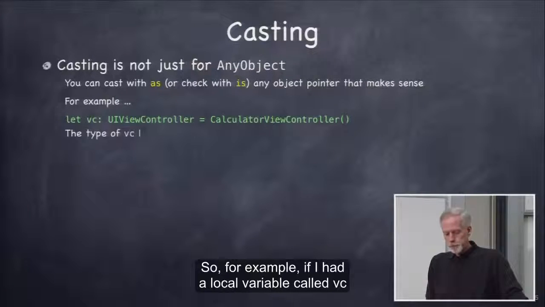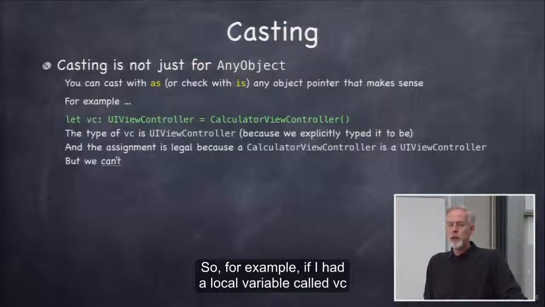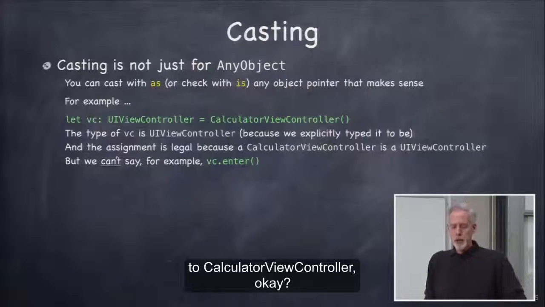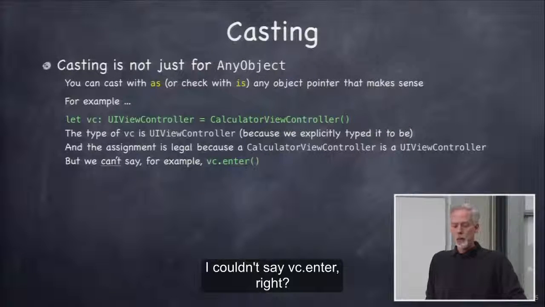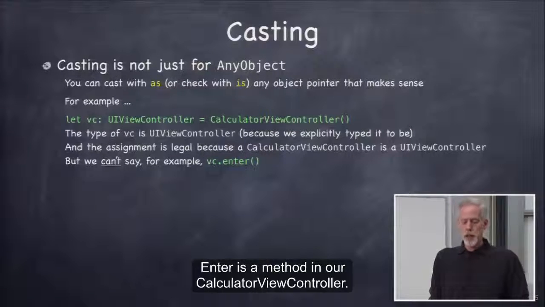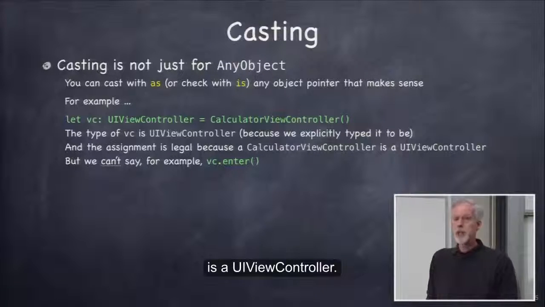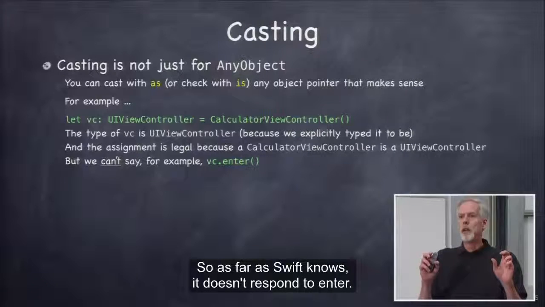So, for example, if I had a local variable called vc, which was of type UIViewController, but I set it to CalculatorViewController, okay? I couldn't say vc.enter, right? Enter is a method in our CalculatorViewController. I couldn't say vc.enter because vc is a UIViewController. So as far as Swift knows, it doesn't respond to enter.